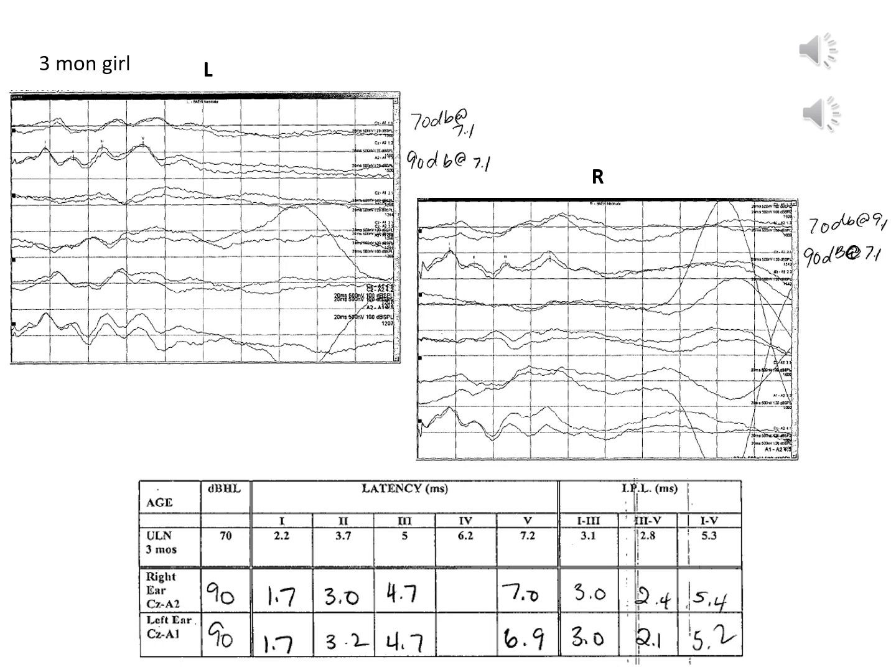But what is of interest to us are the interpeak latency values, because regardless of the decibel level that the recording is conducted at, the upper limits of normal for the IPLs are consistent. And so even at 90 dBs, we can still use the 1.3, 3.5, and 1.5 upper limits of normal values. And so when we look at these numbers, we'll notice that the 1.3 numbers are normal, the 3.5 numbers are normal, but the 1.5 numbers, the one for the right ear is above our upper limits of normal.